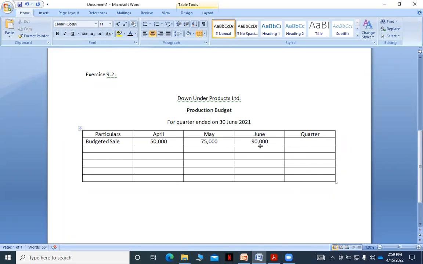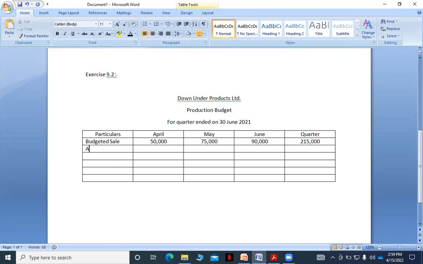You'll add everything, সবগুলো অ্যাড করলে কত হয়? সবগুলো যোগ করলে কত হয়? স্যার 2,15,000। 2,15,000.